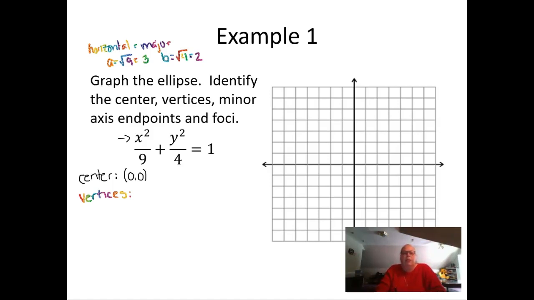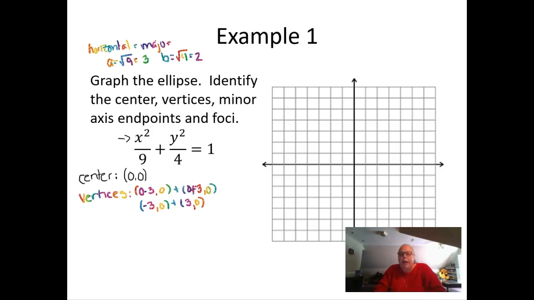When we find the vertices, we're supposed to take the x-coordinate and add a and subtract a. So my vertices will be located at 0 minus 3, 0, and also 0 plus 3, 0. That puts my vertices at negative 3, 0, and positive 3, 0.